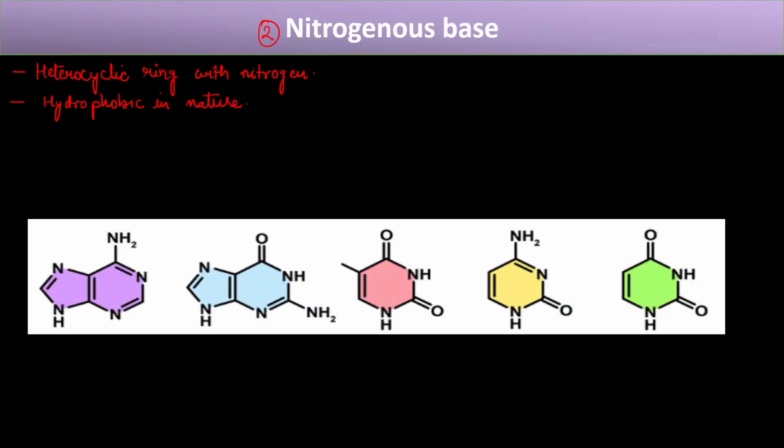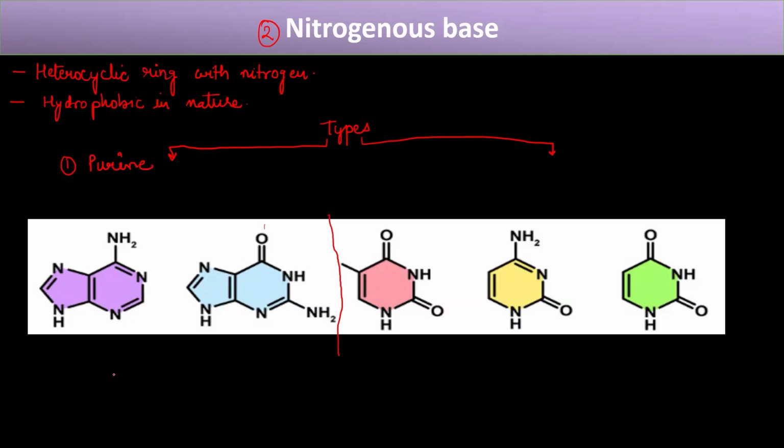Okay. Now we talk about the nitrogenous base types. The nitrogenous base is of two types. And let's divide these types from here. So these are the two types. The first type is purine.